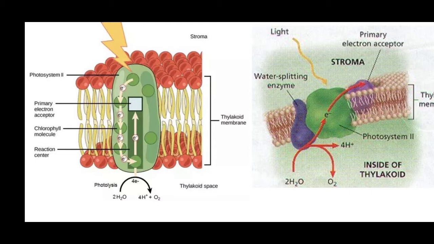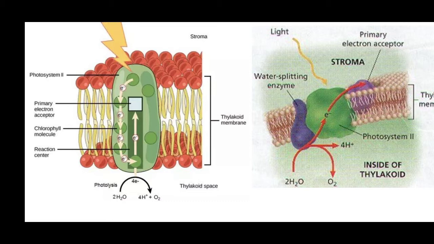This is the step where the oxygen is actually generated. You can see it's shown right there. Once this oxygen is generated, it will simply diffuse out of the membranes, and that will be the oxygen released during the process of photosynthesis.